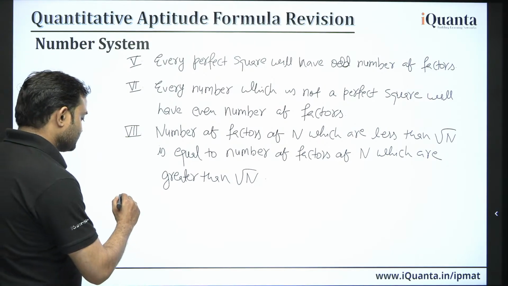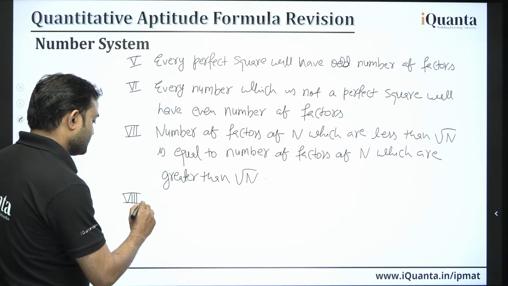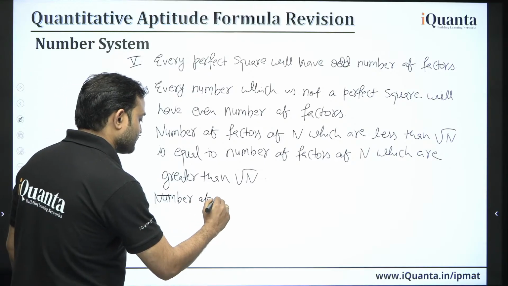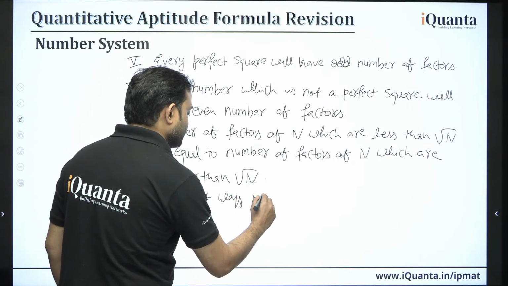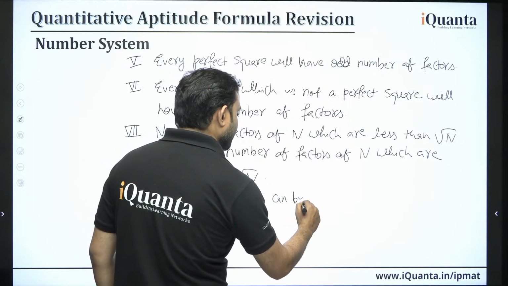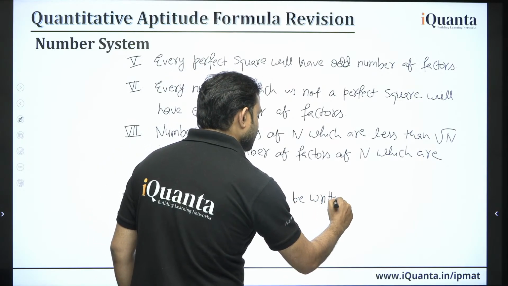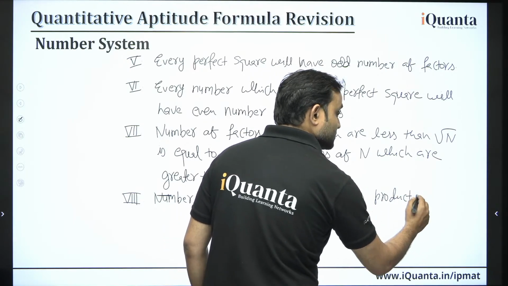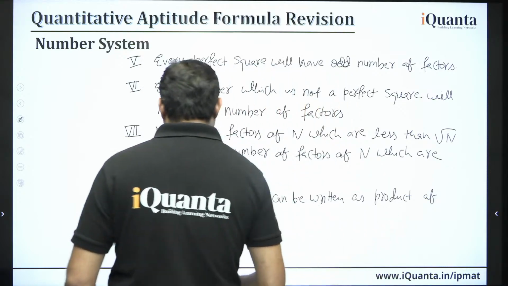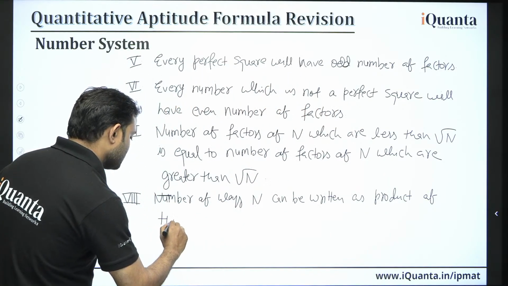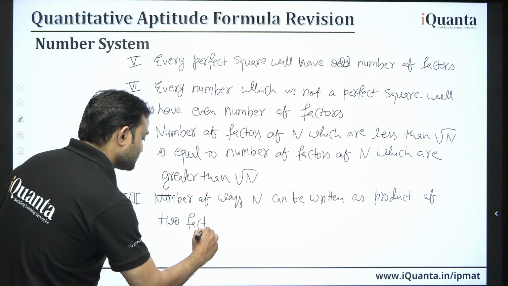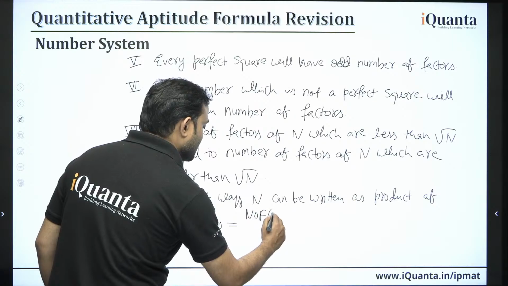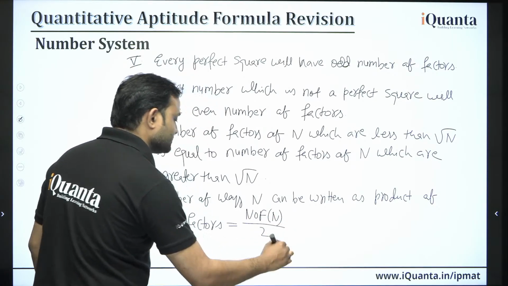Okay, then comes the eighth point: the number of ways n can be written as a product of two factors will be equal to the number of factors of n divided by 2.